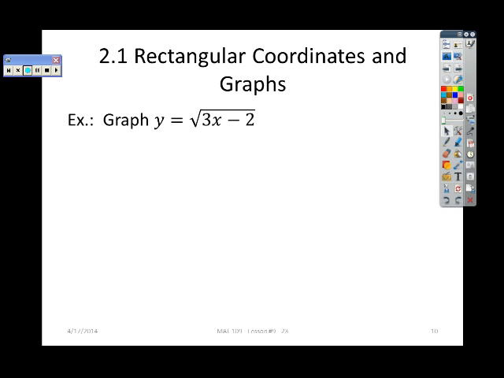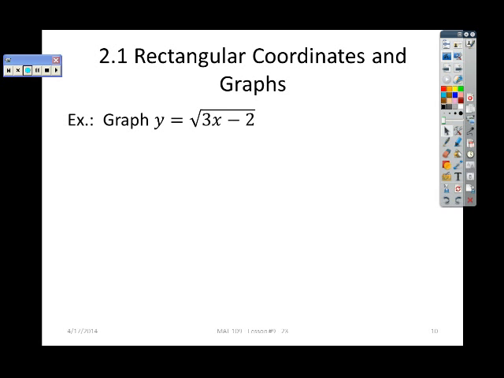So I'm limited on what I can do with my x's. I have to have x positive enough that this radicand is at least 0 or positive. And so I can try 0. 0 is going to give me a negative radicand. That's not going to work. So I'd try 1.